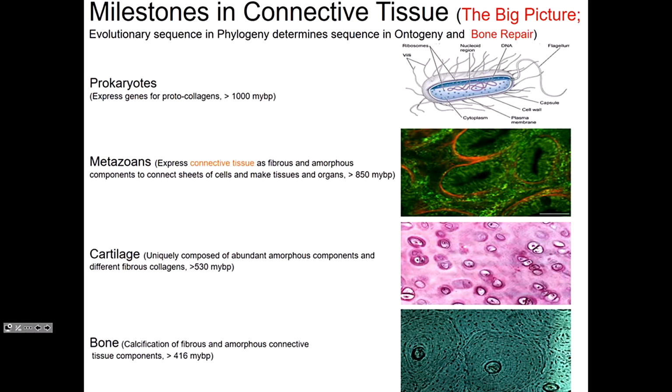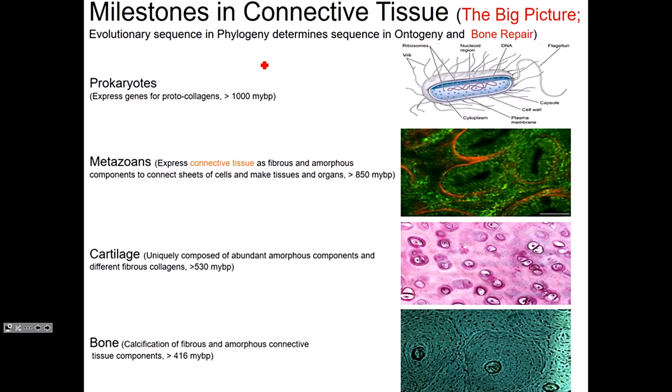Let me give you the big picture in connective tissue. Firstly, the evolutionary sequence in phylogeny, i.e. the evolutionary development of connective tissue, we see repeated somewhat in embryological development, i.e. in ontogeny, and significantly that repetition we see in bone repair.